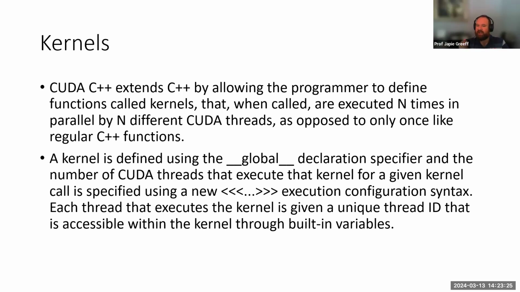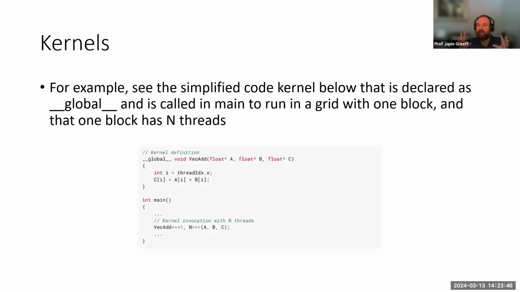So it knows which ID it has, and it also has access to its own local variables. It can see what its ID is through a number of built-in variables that are effectively passed to this kernel when it runs.